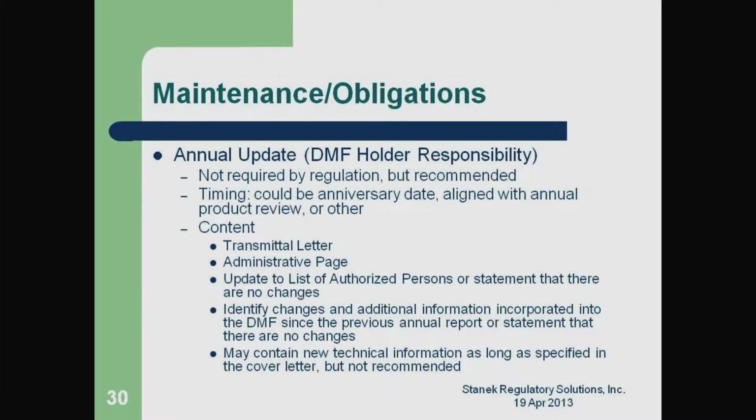So the basic content of an annual update, all I like to do is do the transmittal letter and basically update the Module 1, and that's it. I also like to include the stability data that's been acquired since the last annual update or since the initial submission. But you do have to clarify in your transmittal letter. Remember I said they're very specific about what they want in the title of that transmittal letter.